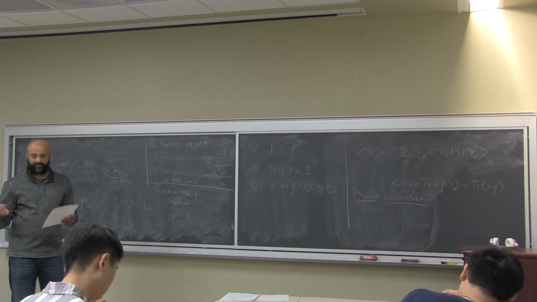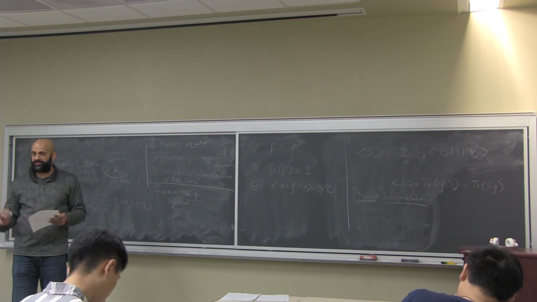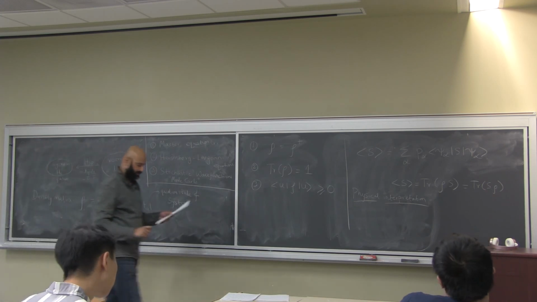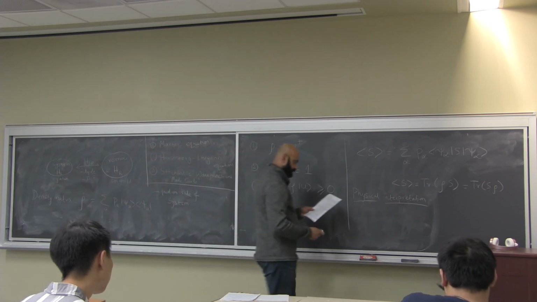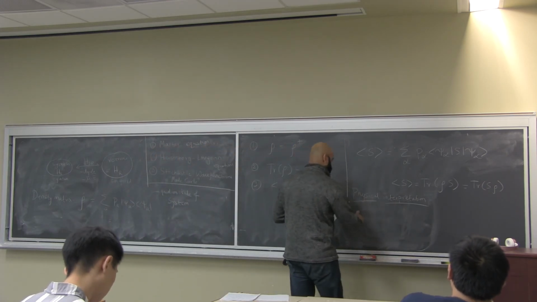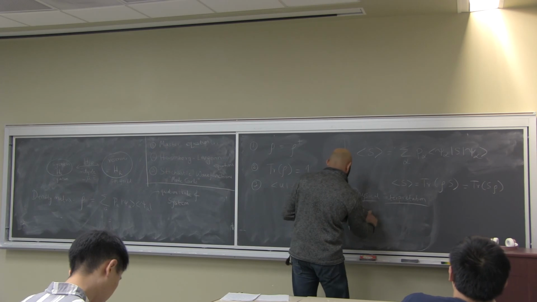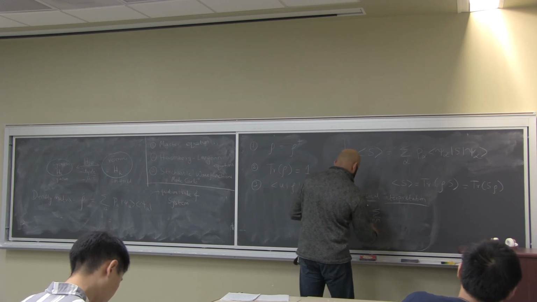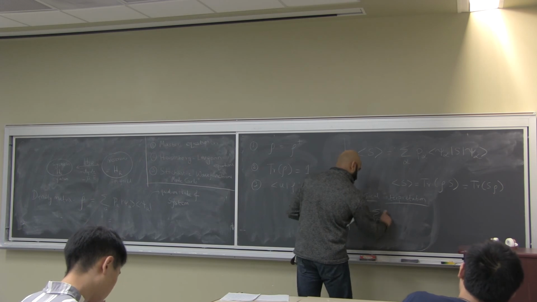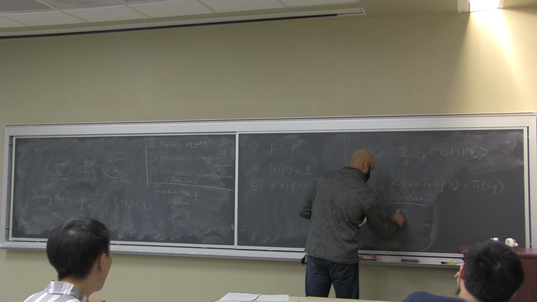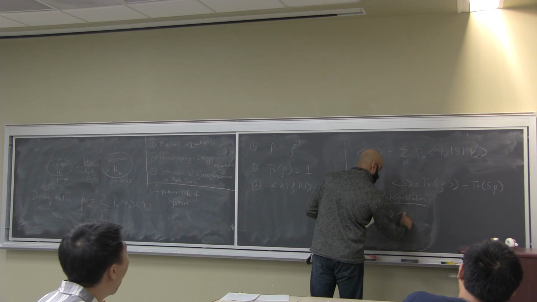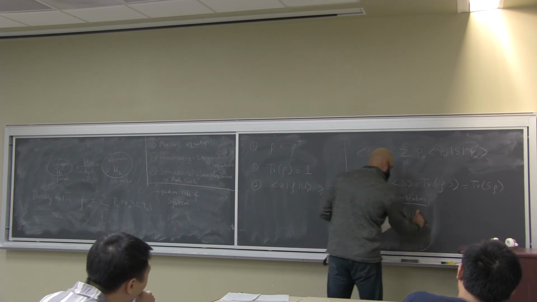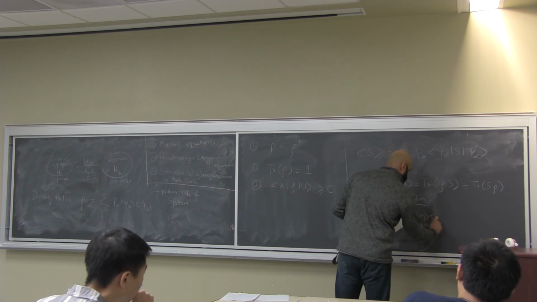And the off-diagonal elements represent the coherence in that density matrix or in the system, okay? So, for example, rho is expanded out in some basis, n and n.